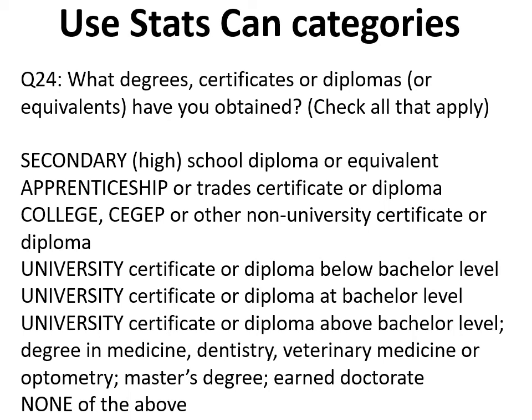So Statistics Canada, when they talk about education, talk about secondary or high school diplomas or equivalents. So a GED is in the US an equivalent of a high school diploma. So apprenticeships or trade certificates or diplomas is another educational category.